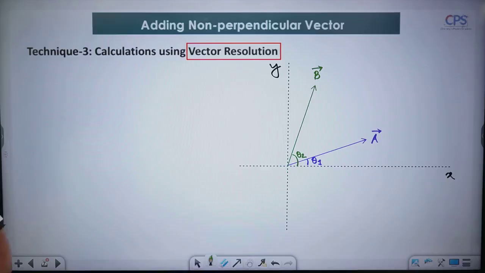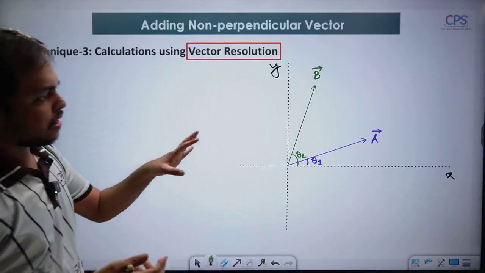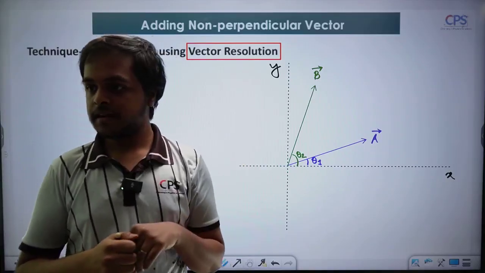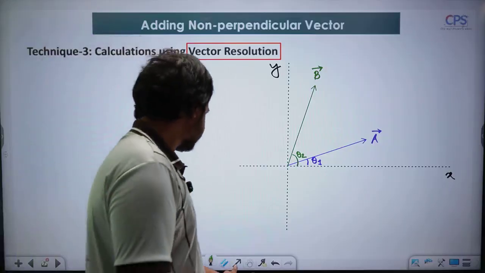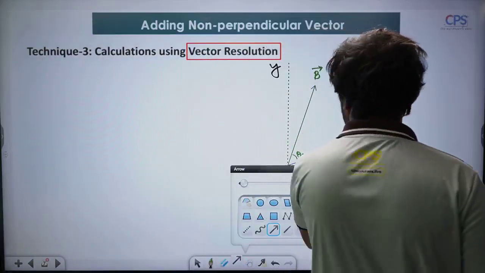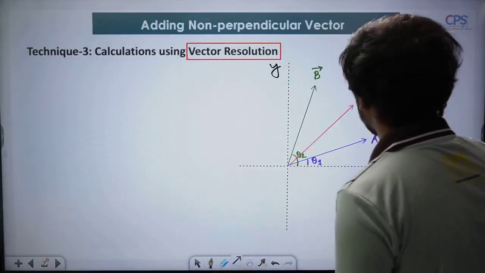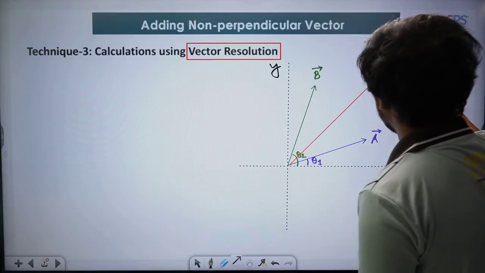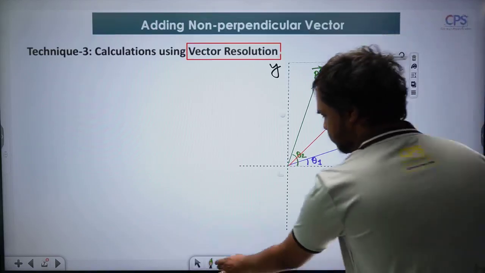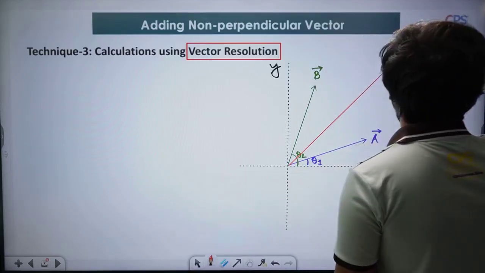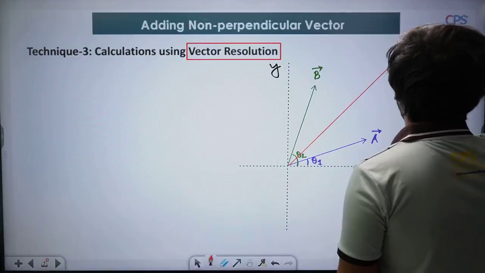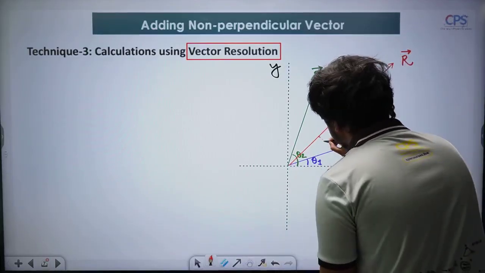So how will the resultant be? The resultant will be like this. See, anywhere between these two. Let's say this is the resultant. Okay, so let's say this is R vector with an angle of theta.